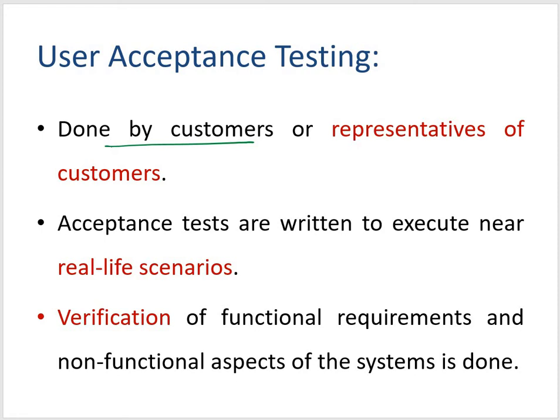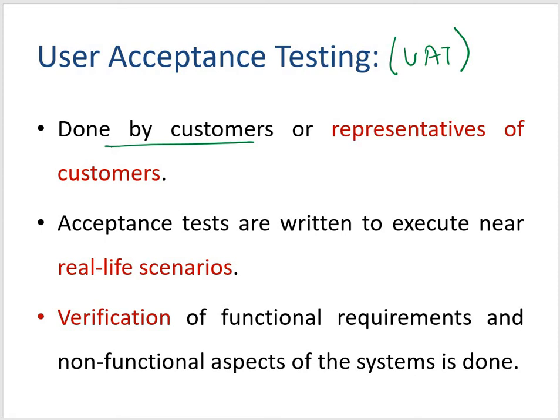So this user acceptance testing, also called UAT, is done since now the product is ready and it is going to be accepted by the end user or the client. So this can be considered as the final phase of testing, once the functional, integration and system testing is done.